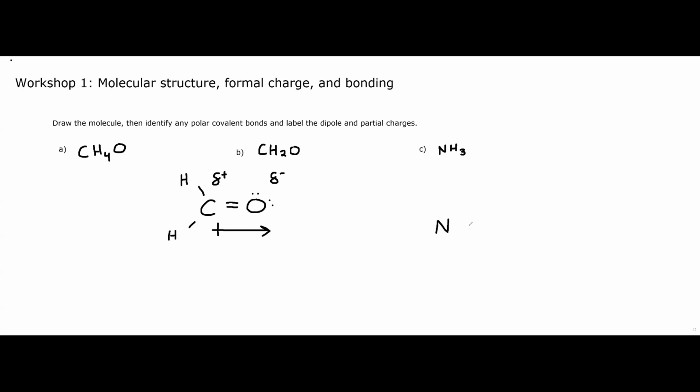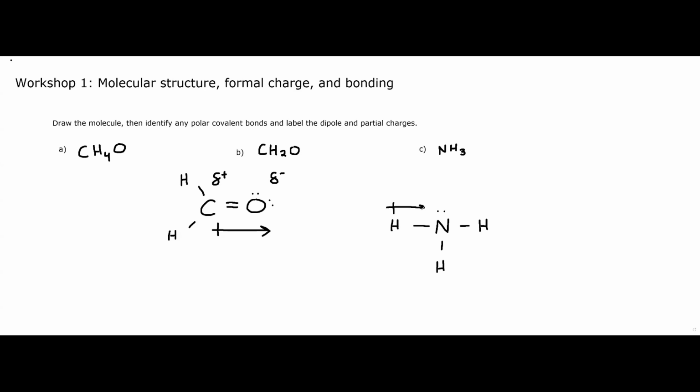And then the last problem here, we have NH3, ammonia. Now, we only have one type of bond here, NH. So what is NH? Is NH a nonpolar bond? Is NH a polar bond? NH is a polar bond.